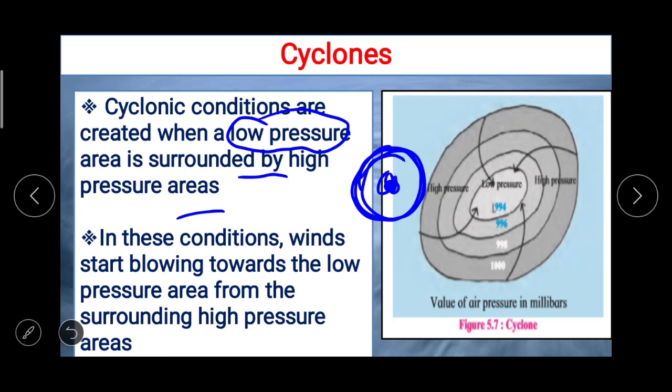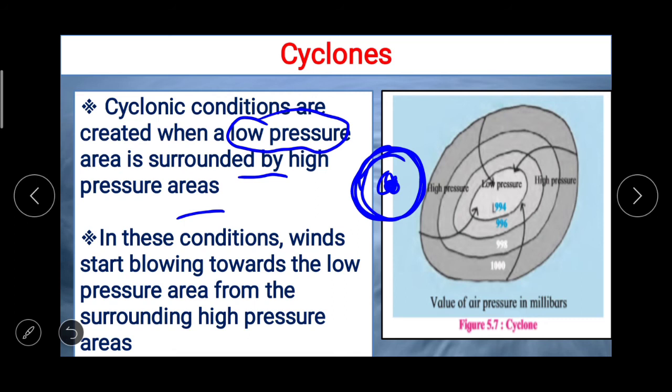We have also studied that wind or air travels from high pressure to low pressure, and here when there is a low pressure area surrounded by high pressure area, the wind starts blowing from the high pressure towards the low pressure area, and which forms the cyclones.